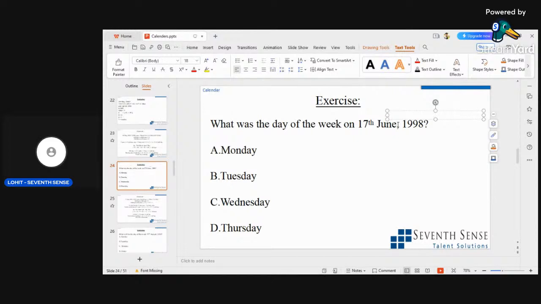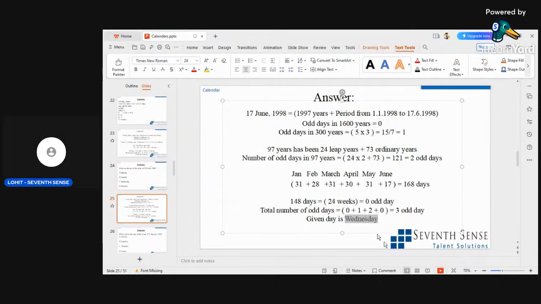So 6, 7, 8, 8 and 3, 11, 11 and 17, 28, 0. Okay, 0 is the total for months. 1 will be for 1900, and for 97 years how much will be there? Anyone can tell me? No. Okay, so it will be 2. So the answer is 3. 3 will be Wednesday. Okay, the answer is Wednesday.